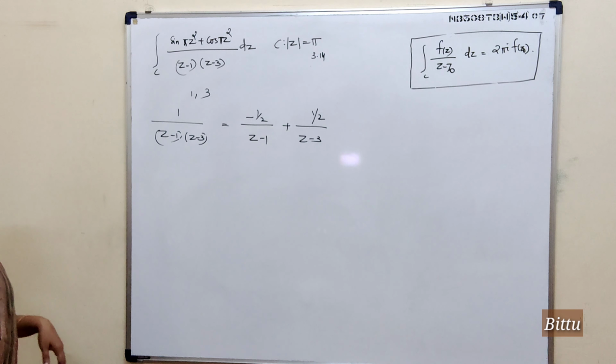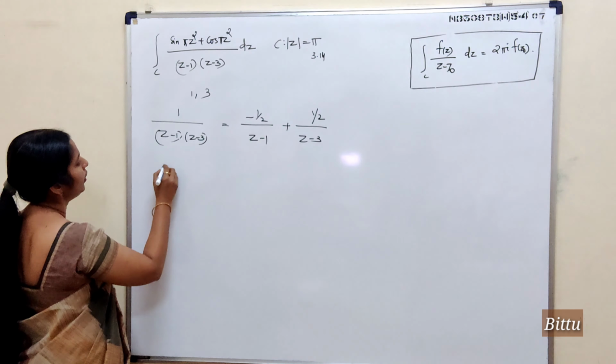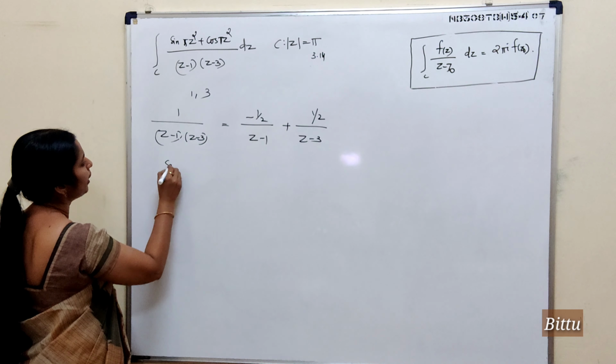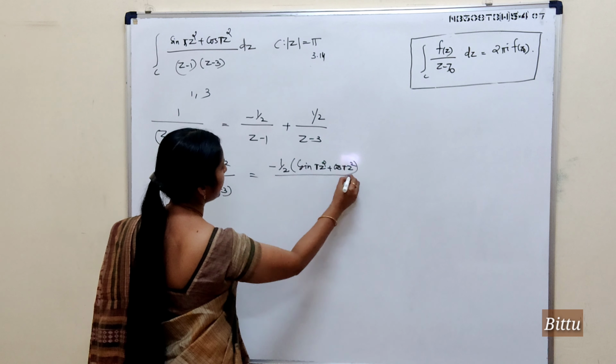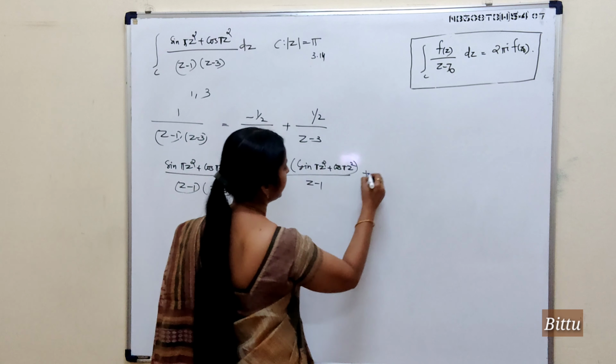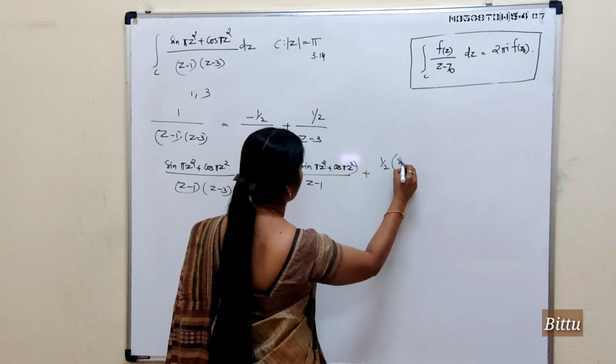Next you make the question. For getting the question, you have to multiply throughout by sin pi z square plus cos pi z square. So (sin pi z square plus cos pi z square) by (z minus 1)(z minus 3) is equal to minus half into (sin pi z square plus cos pi z square) by (z minus 1) plus half into (sin pi z square plus cos pi z square) by (z minus 3).